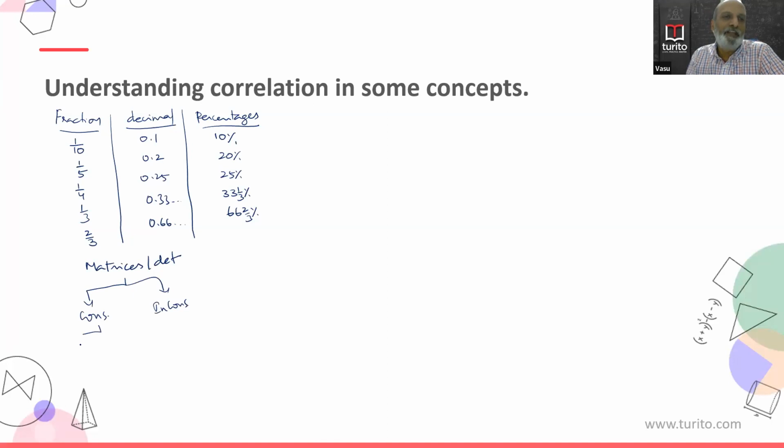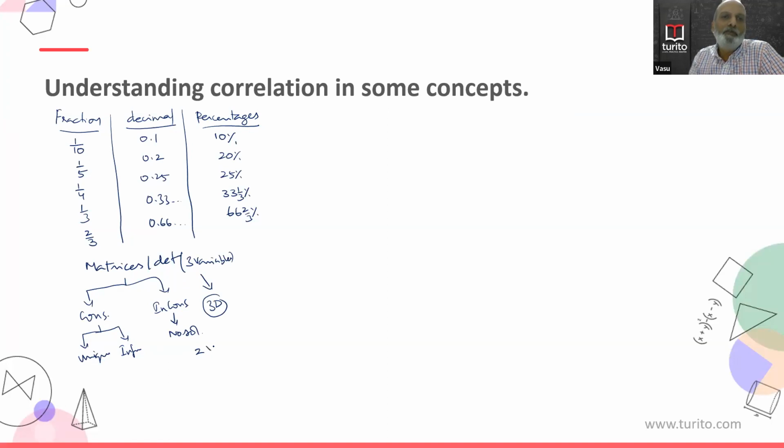Now, in consistency, again, you have a unique solution and you have an infinite number of solutions. Here, inconsistency is no solution. So in this subject of determinants, consistency and inconsistency, especially with three variables, can be connected to three-dimensional geometry, which is learnt again in 11th and 12th.